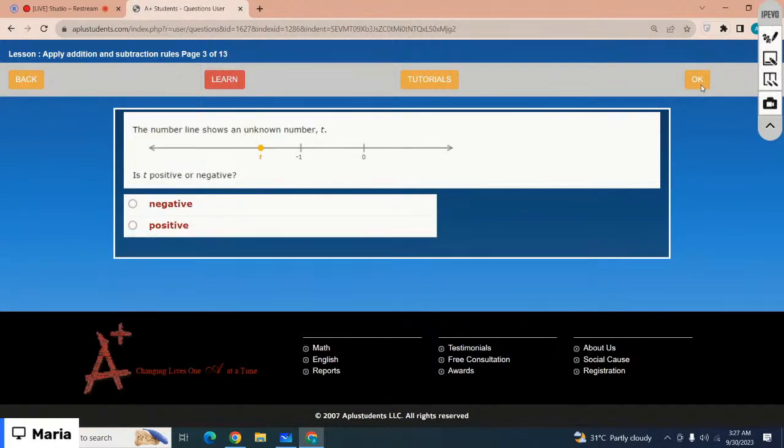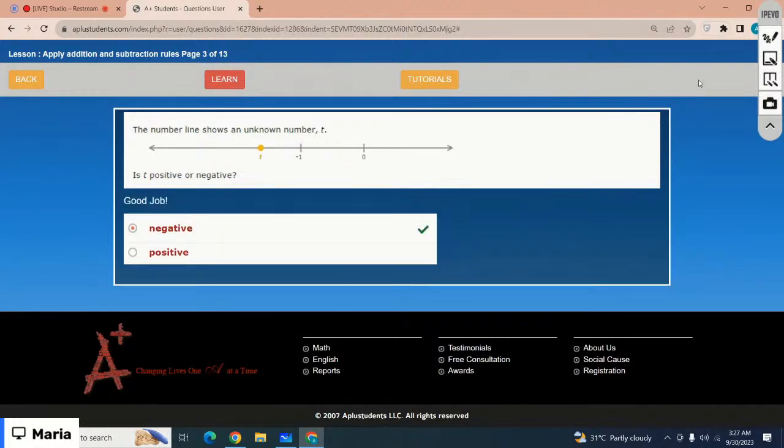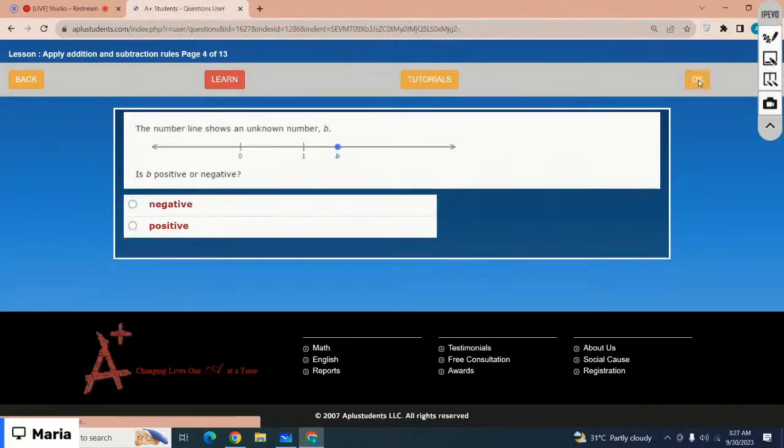Okay, the number line shows an unknown number t. Is t positive or negative? T is again on the left hand side, so it must be negative. If the number is on the right hand side of the zero, it would be positive. If it is on the left hand side of the zero, it must be negative, right?